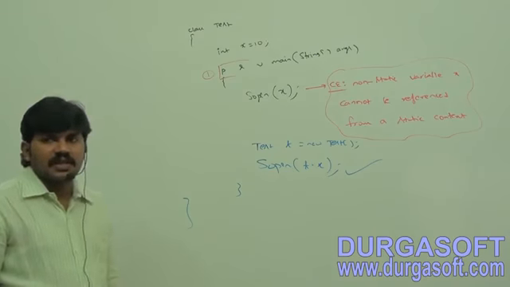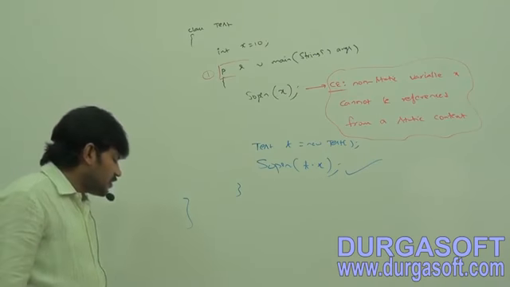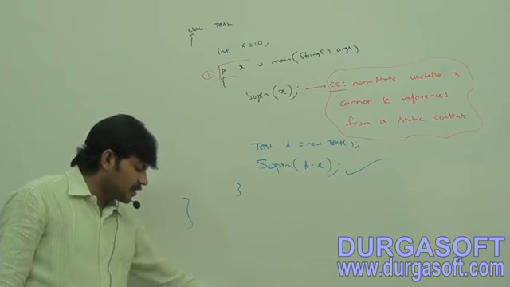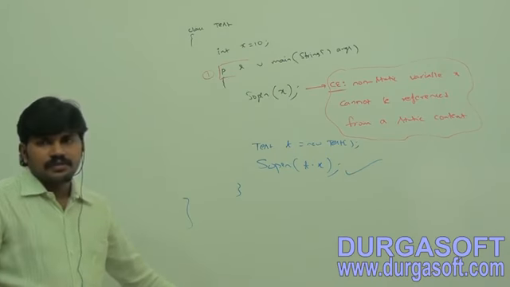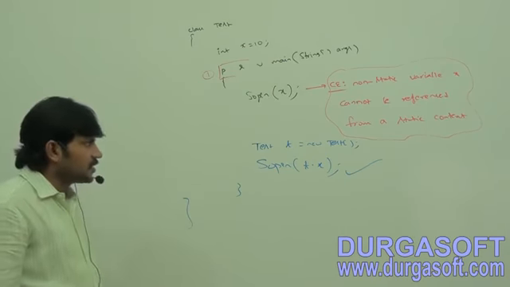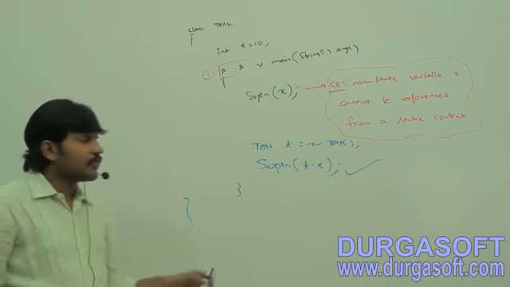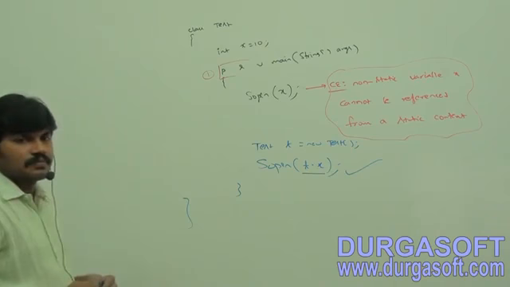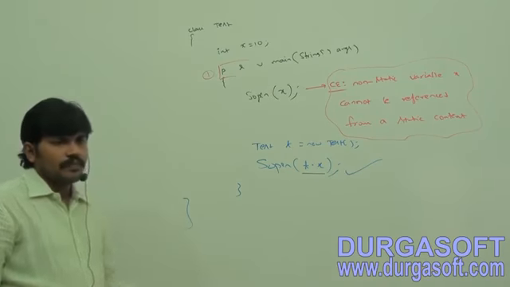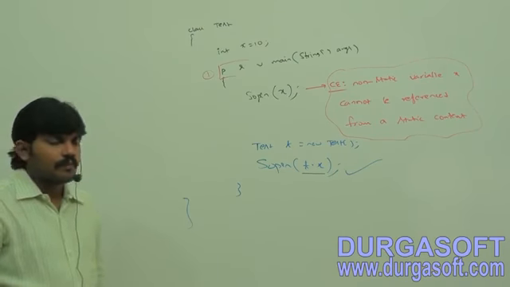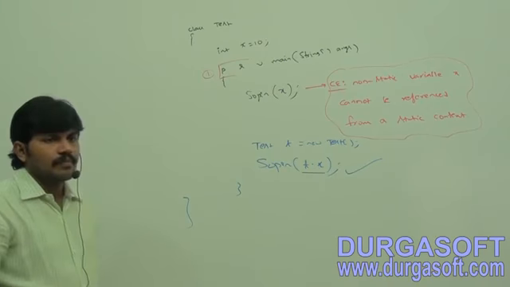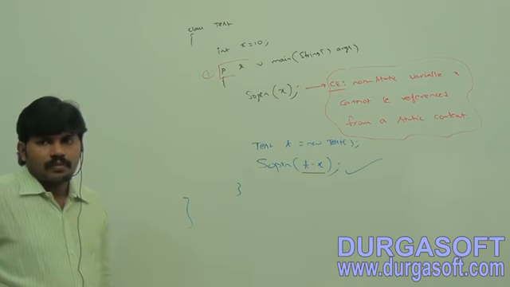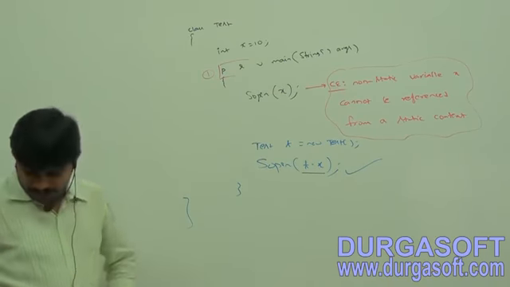But whenever we are creating an object, no problem at all, it is valid. Completed, right?